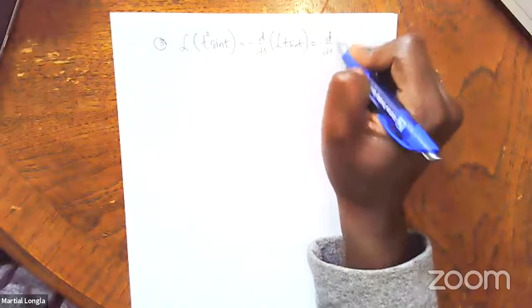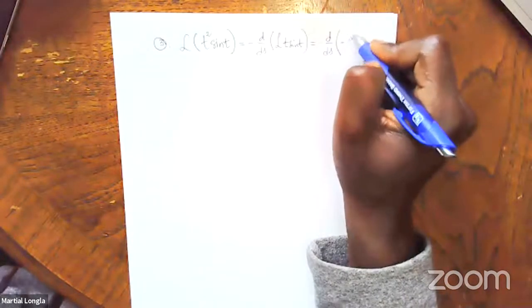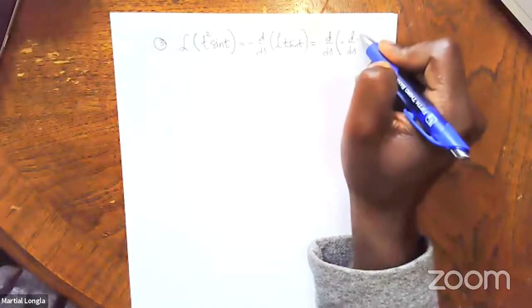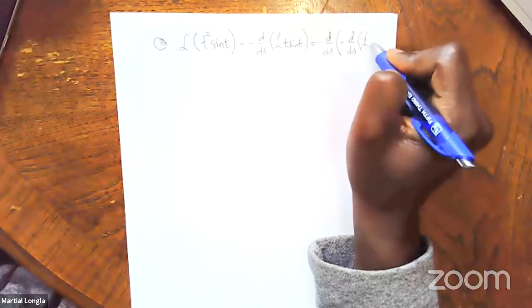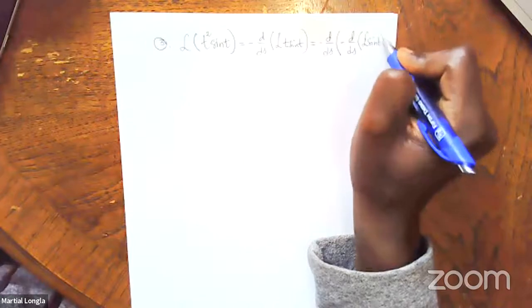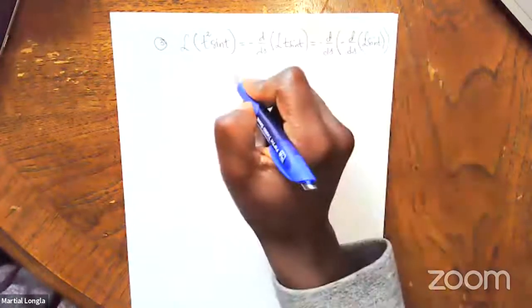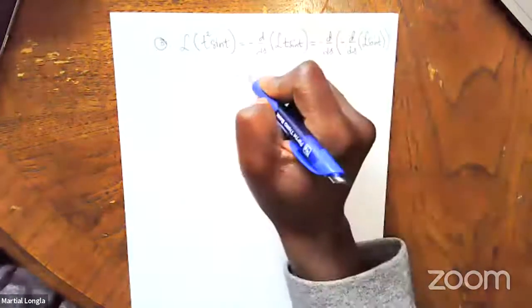Now in your second step, you want to find this, and that's again t times something. So that's another negative d over ds. Laplace transform of sine t. So technically that gives you the second derivative.